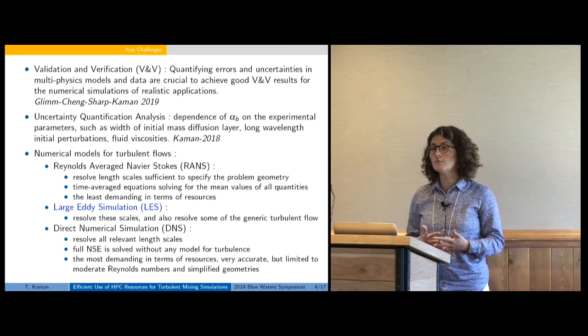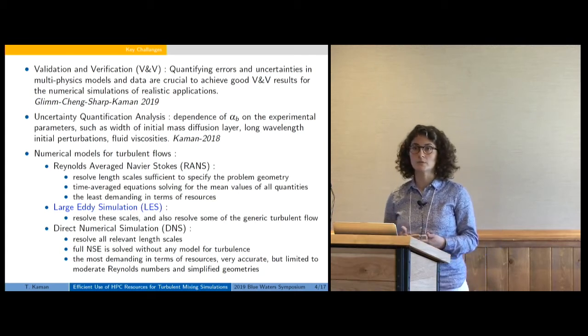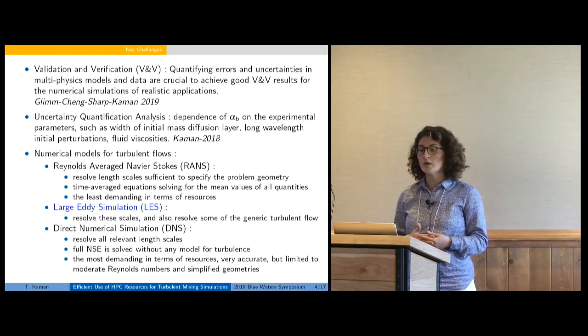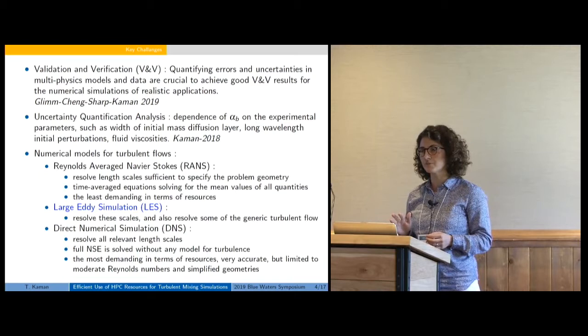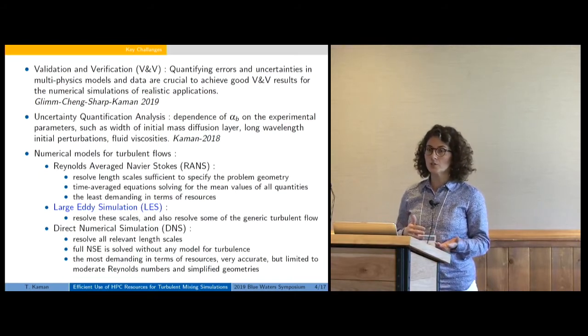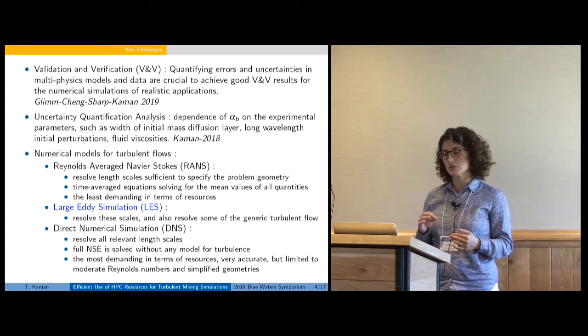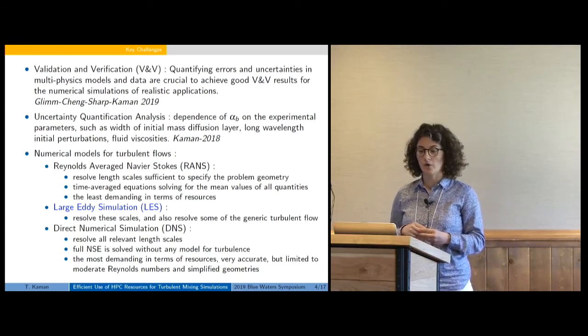And there are several models to actually model the turbulence. One of them is Reynolds-averaged Navier-Stokes equations, which resolve length scales sufficient to specify the problem geometry. And Large Eddy Simulations resolve these scales and as well as the subscales of the generic turbulent flow.